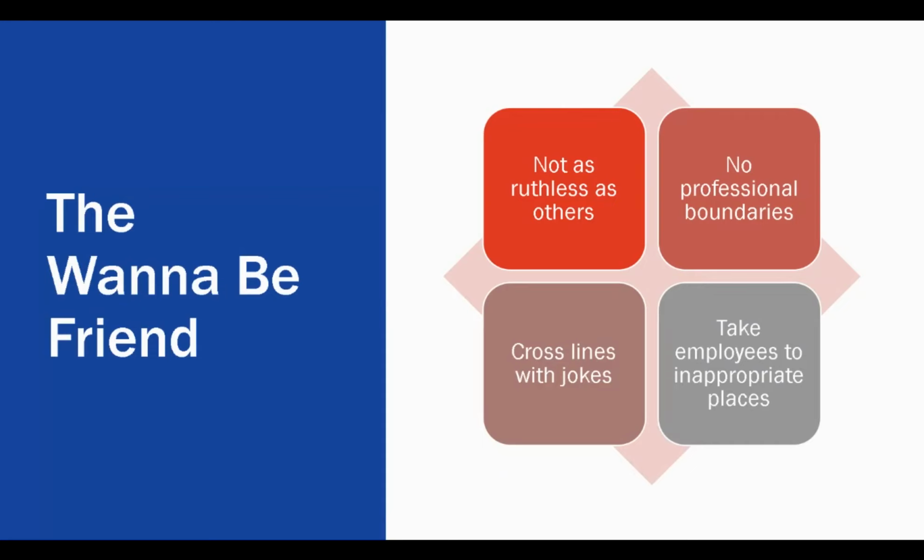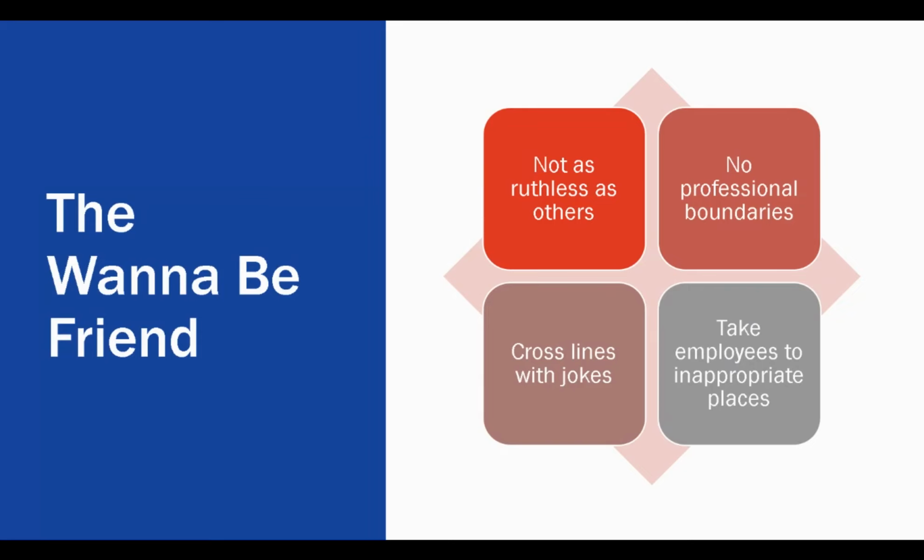The wannabe friend may not be as ruthless as some of the other toxic bosses, but they can still be demoralizing to work for. The wannabe friend will completely ignore professional boundaries, and will immediately start asking you personal questions right off the bat.